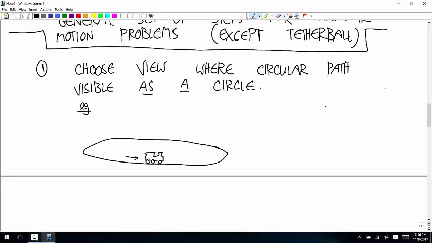So you want to choose, let's say, a top view where the motion looks like that, and we'll put the coordinate system there. This would be the train.